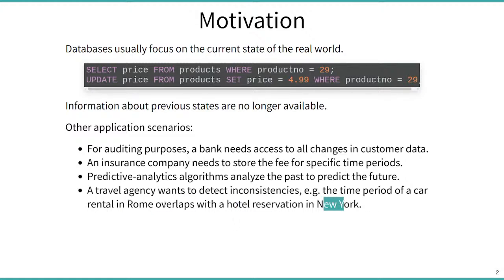So the same customer, Peter, reserves a hotel from the 2nd to the 12th July in New York. So for some days, the same customer has a car on the other side of the world than a hotel. So you can detect such an inconsistency then and call the customer or give an error message when booking.